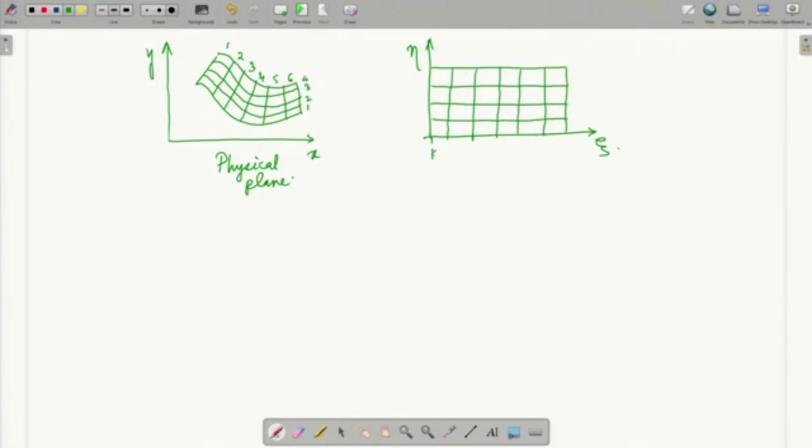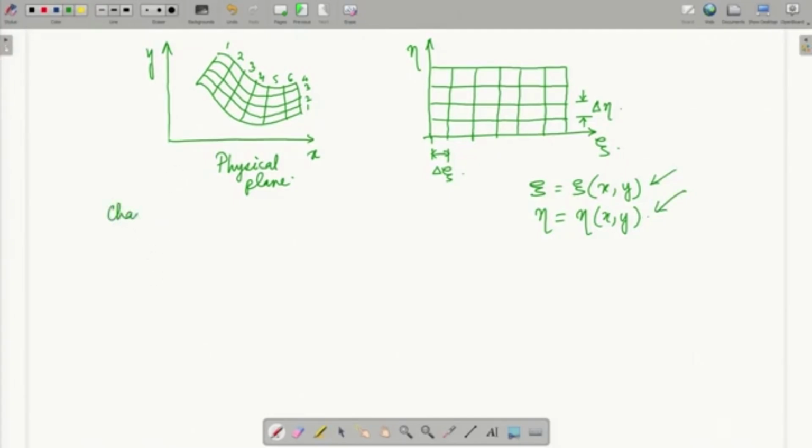So, this is how it looks, and you have a uniform mesh in the transformed plane like this. Now, that means the function xi as well as eta would be functions of x and y.